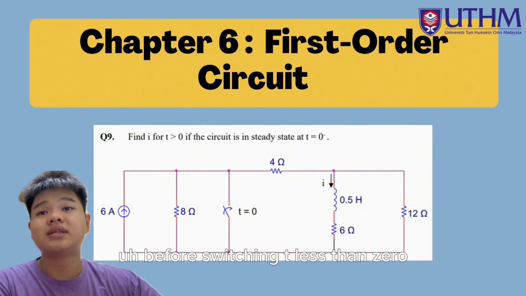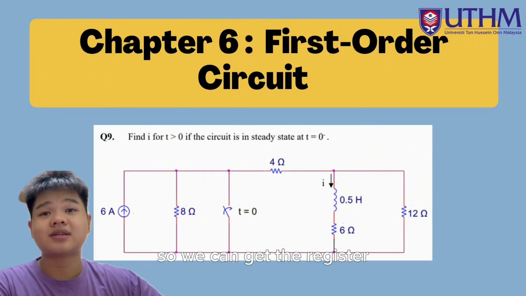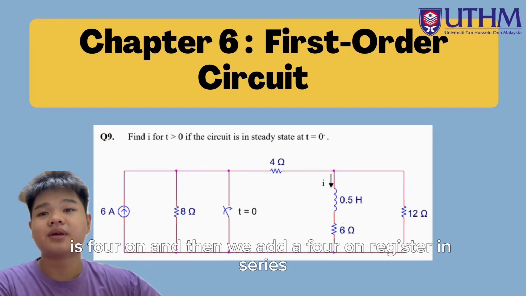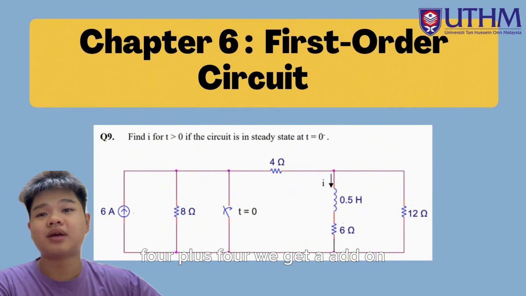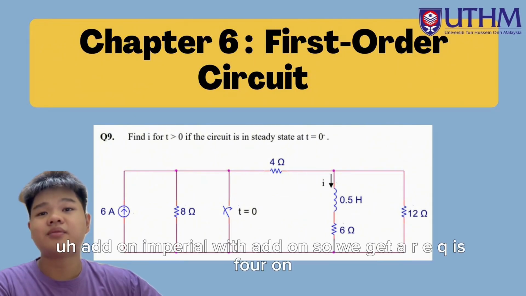Before switching, t less than 0, the circuit is in steady state, so the inductor acts like a short circuit, and then the 6 ohm resistor is in parallel with the 12 ohm resistor, so we get a resistance of 4 ohm, and then we add a 4 ohm resistor in series. 4 plus 4 we get 8 ohm, and the last Req is equal to 8 ohm in parallel with 8 ohm, so we get a Req of 4 ohm.